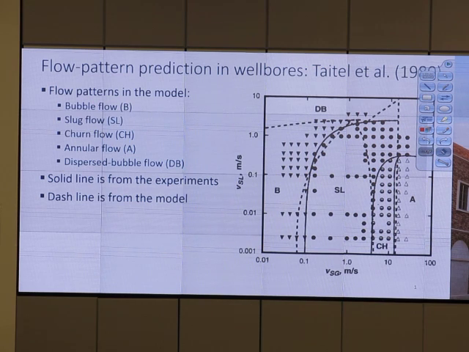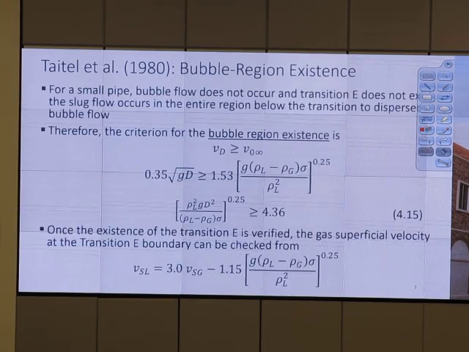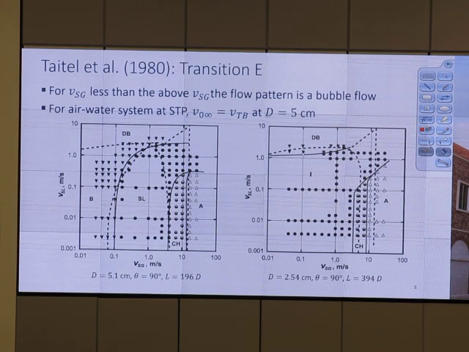You can. So if we set VSL and the fluid property, we can find out the maximum VSG for which we still have bubble flow. Use that equation. Very straightforward. Okay, transition E is done.